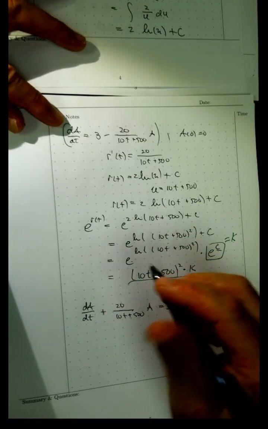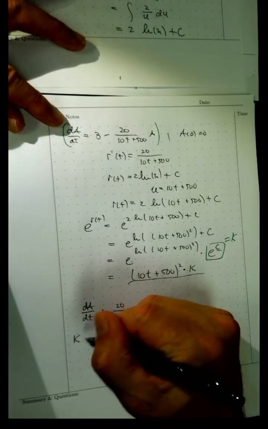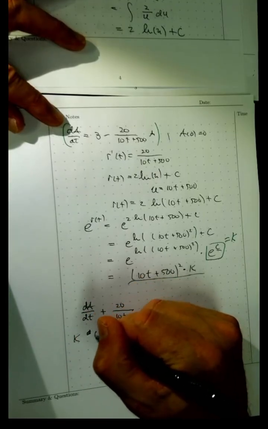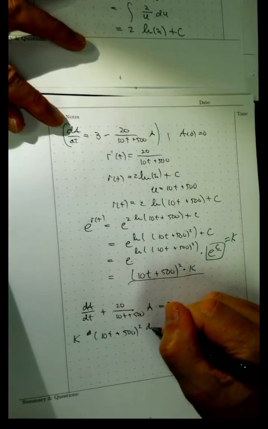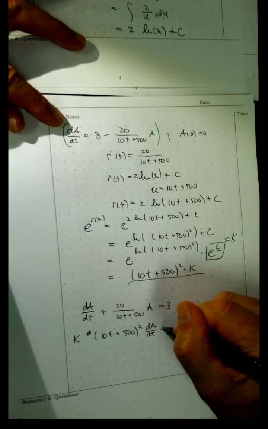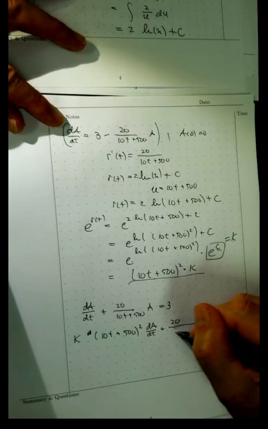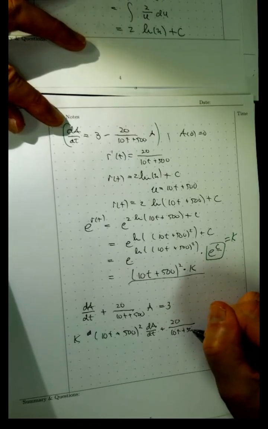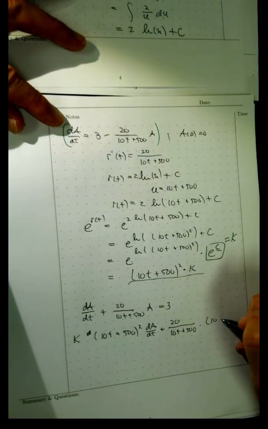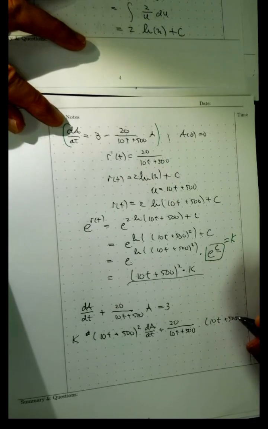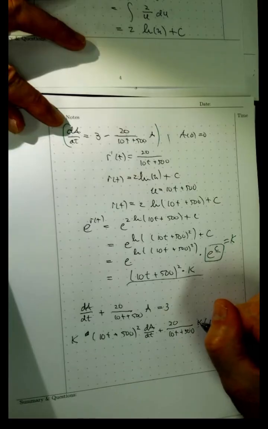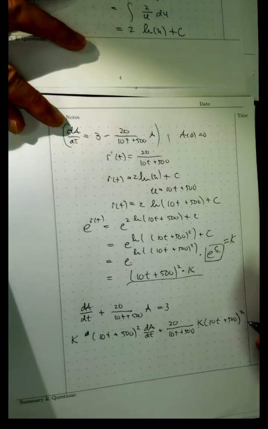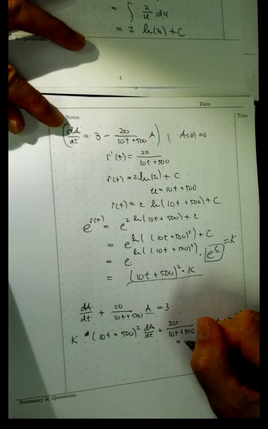So dA/dt times this: k times 10t plus 500 squared dA/dt plus 20 over 10t plus 500 times 10t plus 500 squared times k times A all equals 3.